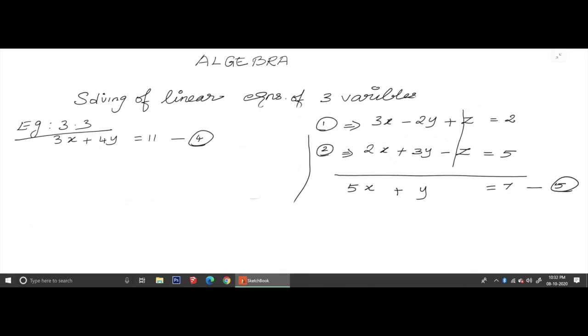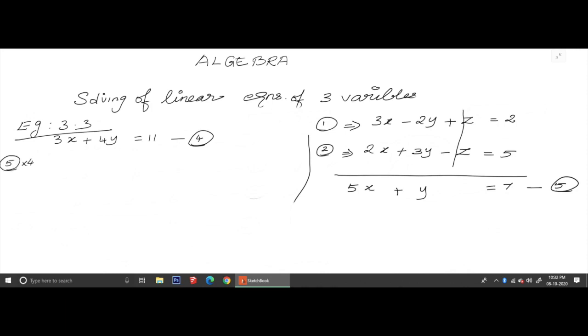And see here, in the fifth equation the coefficient of y is 1, and in the fourth equation the coefficient of y is 4. So what I am going to do is, I am going to multiply the equation 5 with 4.